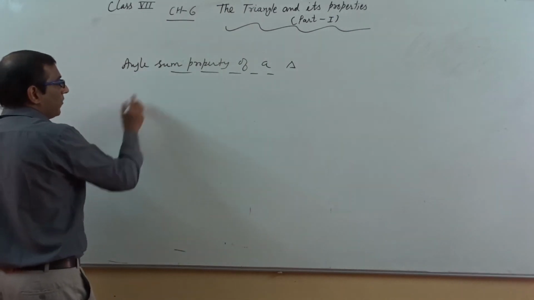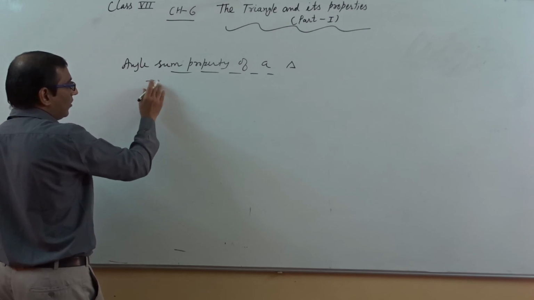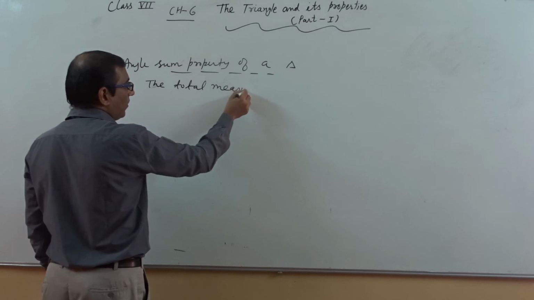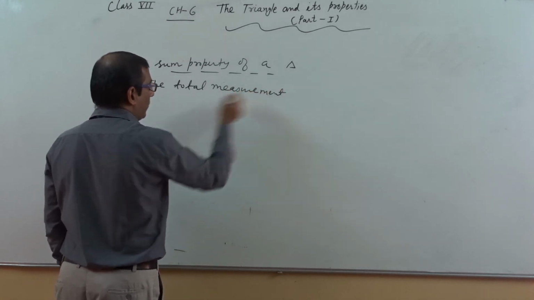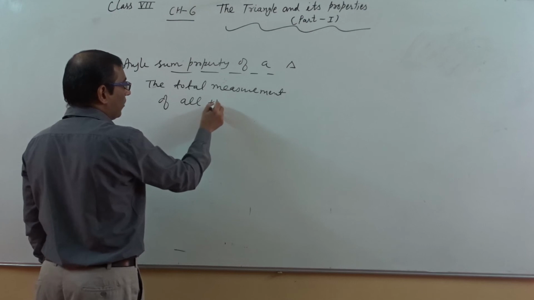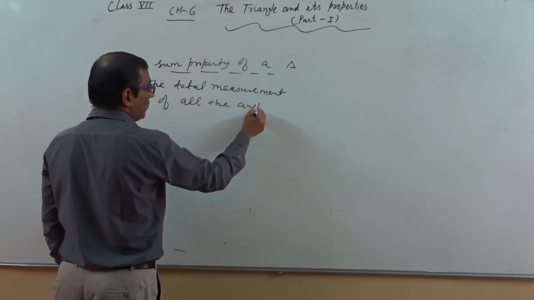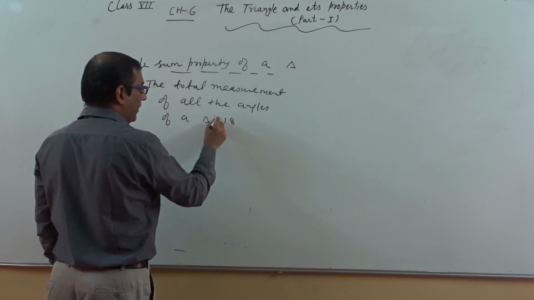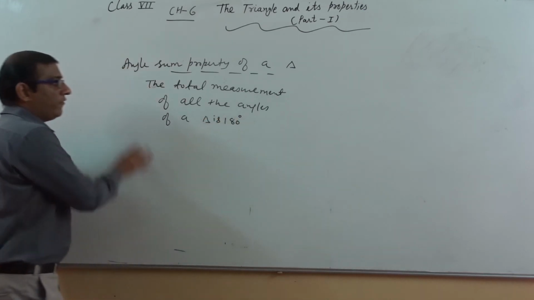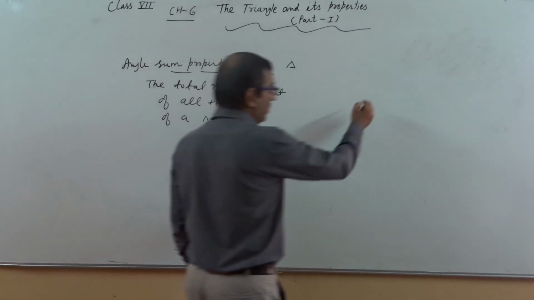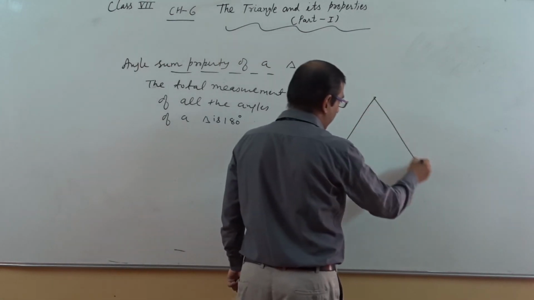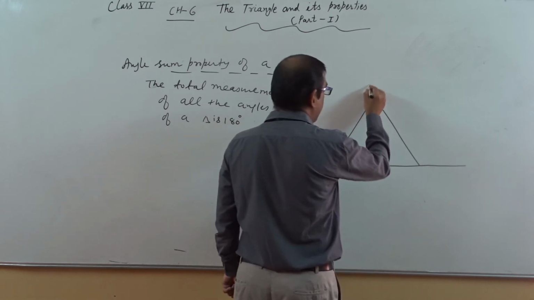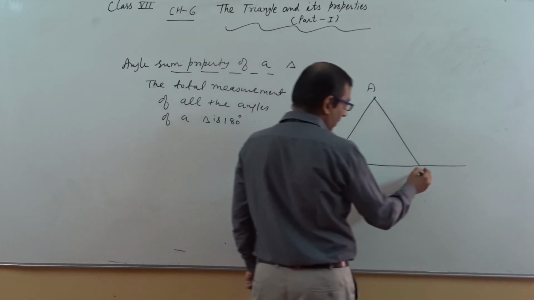The statement of this property is the total measurement of all the angles of a triangle is 180 degree. So in a triangle, the sum of all the angles is equivalent to 180 degree. So I am taking here one triangle ABC.